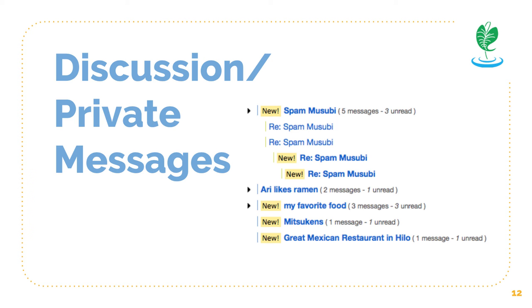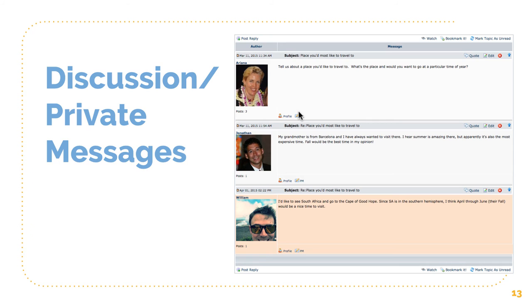Now, if I want to access one of these, I can simply click on it. Clicking on that gives me access to a forum where I can see perhaps my instructor and my classmates talking about a discussion prompt that they were required to respond to, perhaps based on their course syllabus. So this is what the discussion and private messages forum page looks like.